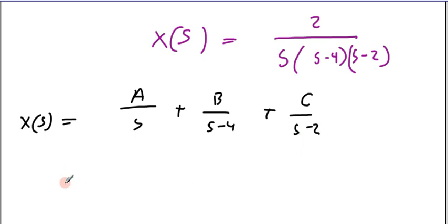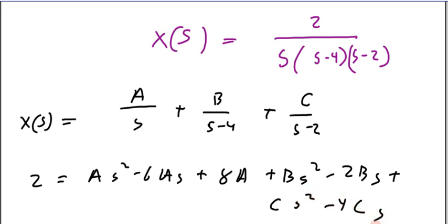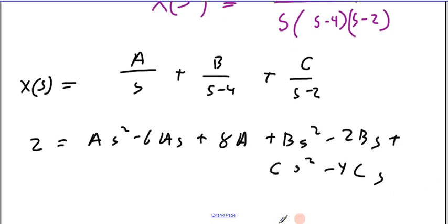Okay, and I get that 2, the numerator, is going to have to be a s squared minus 6as plus 8a plus bs squared minus 2bs plus 6cs plus c s squared minus 4cs. Okay, so I'm all set.